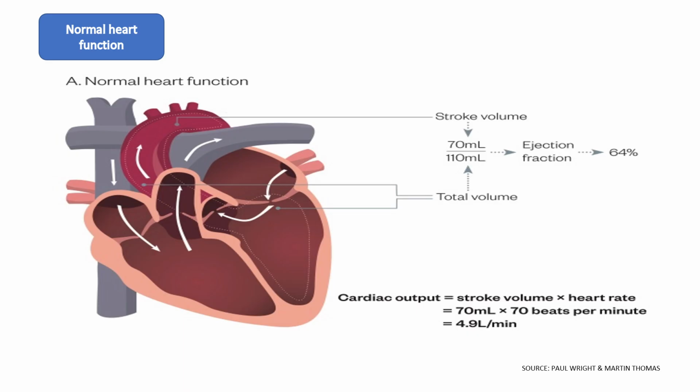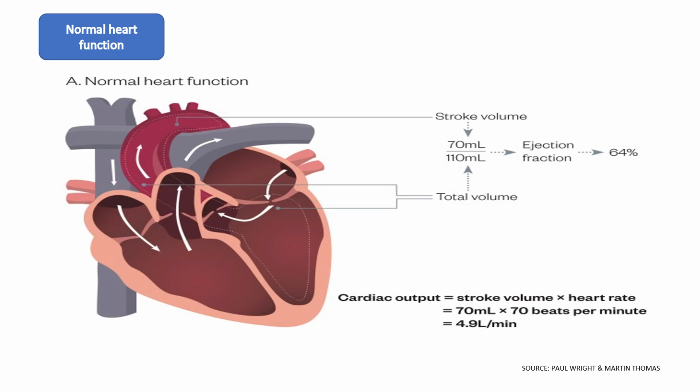This is an example of a normal heart where the left ventricular end diastolic volume is 110 milliliters when the ventricle fills up in normal diastole. This normal ventricle then ejects 70 milliliters of blood during systole. This normal heart has a left ventricular ejection fraction of 64%, as we learned how to calculate the ejection fraction.